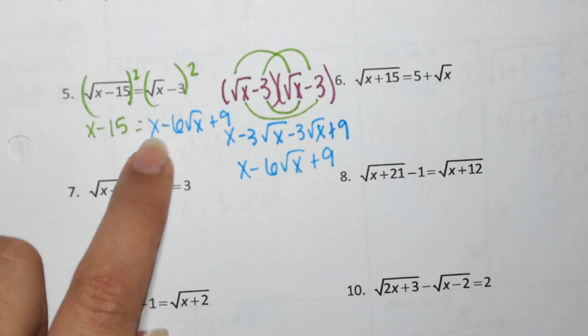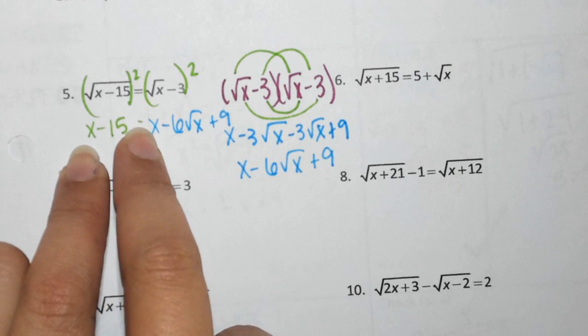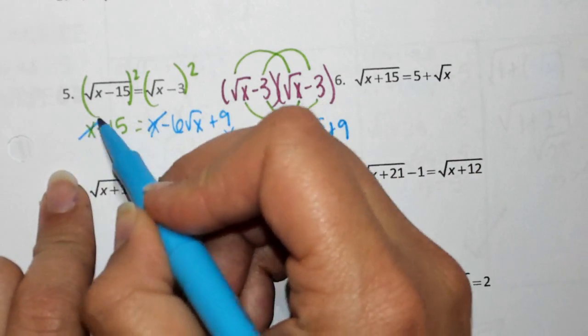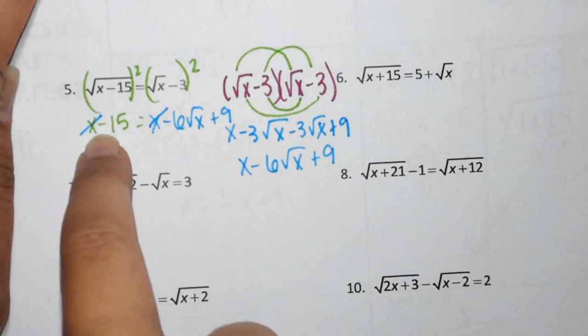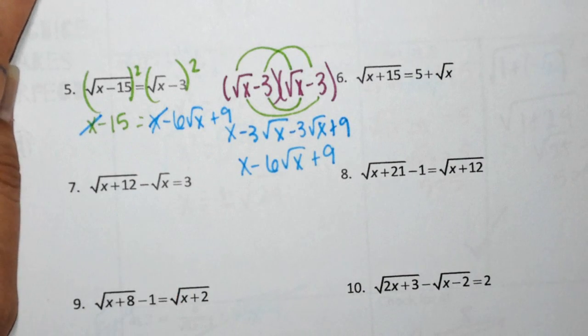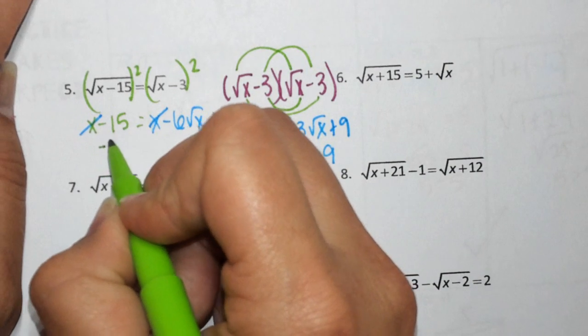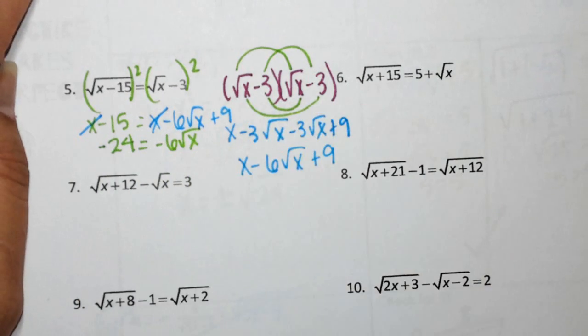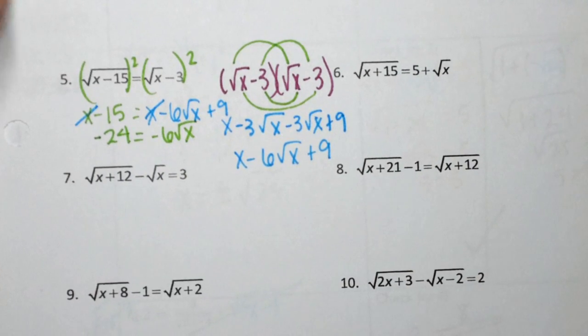Alright, now, if I subtract x from both sides, do my x's cancel? Yes. If I subtract 9 from both sides, what's negative 15 minus 9? Negative 15 minus 9 is negative 24.